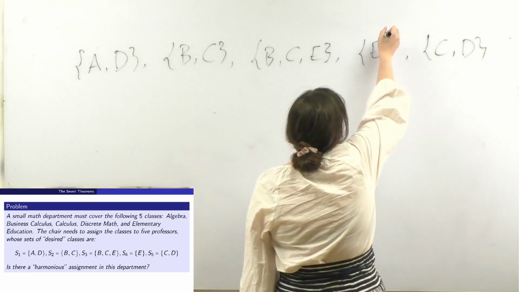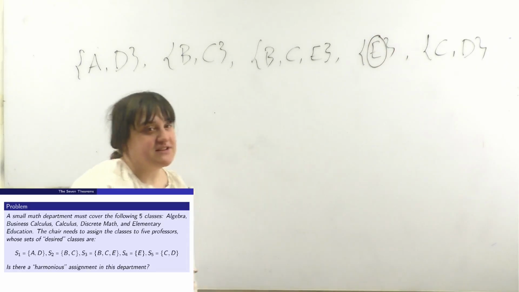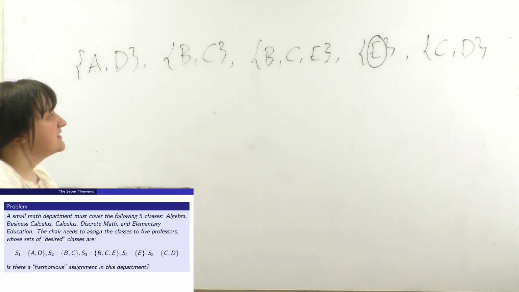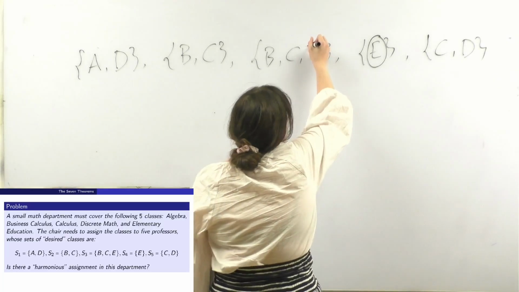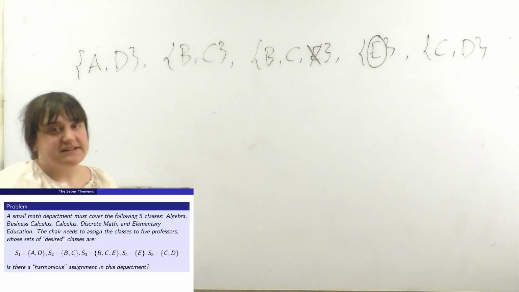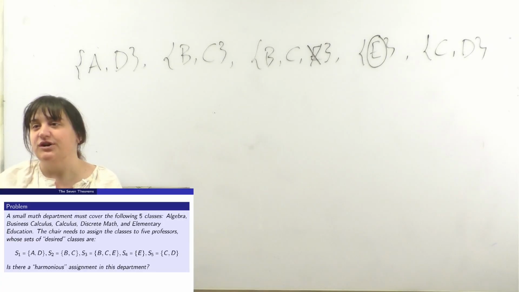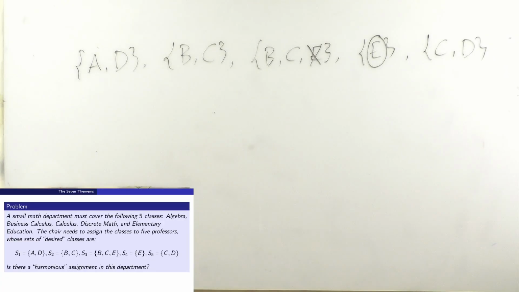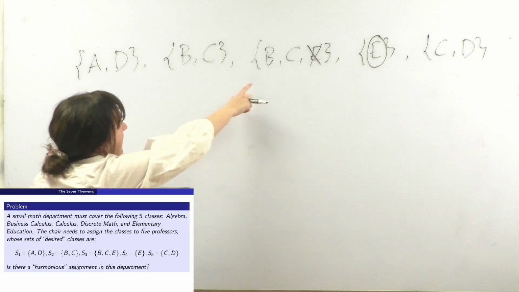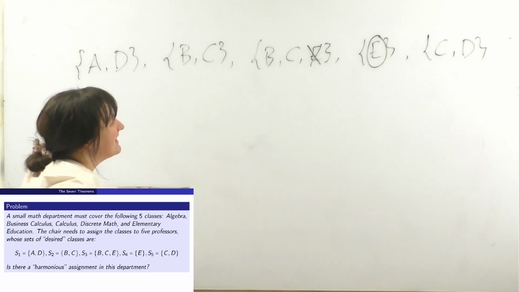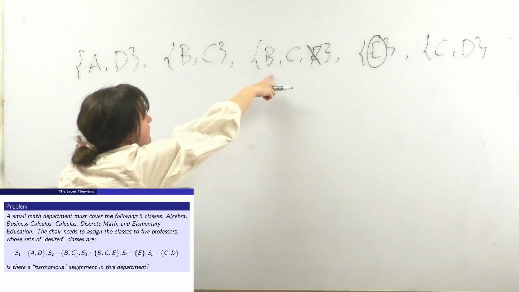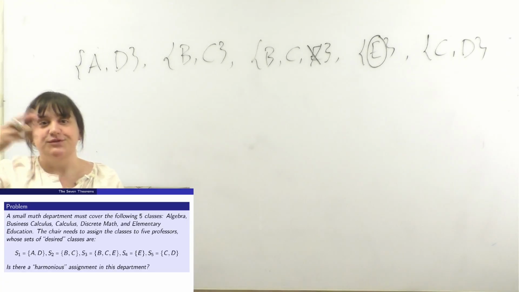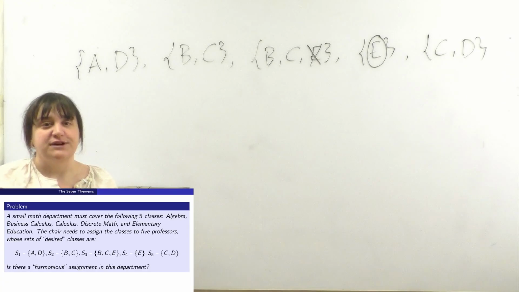Professor 4 definitely would have to teach their one preference. So once I say, okay, I'm going to assign a class to one professor, I'm going to cross it out if it's on anybody else's list. Fortunately, not that many people wanted to teach that class, so we don't have to cross that much stuff out. And then let's see. Now I see that having crossed out that class E, professors 2 and 3 now have the same sort of available classes in their preference sets.